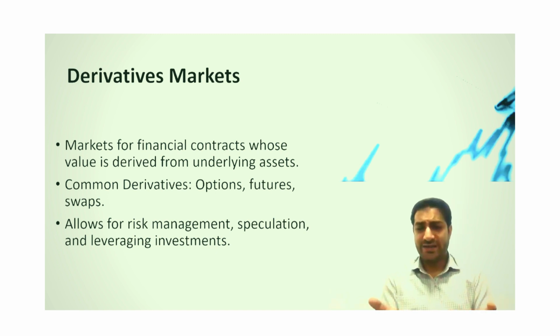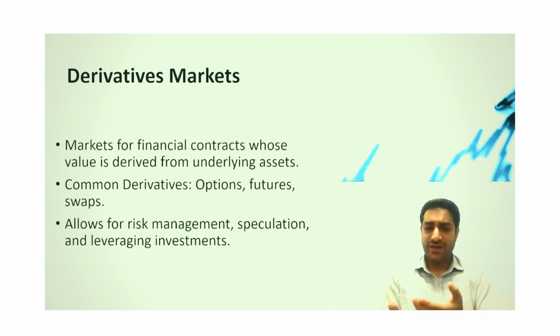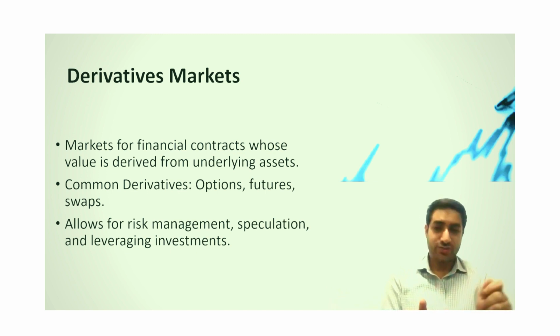Now, the underlying asset can be a share, it can be a commodity, it can be anything, right? So this is the market where these derivatives are bought and sold. So it is a market for financial contracts whose value is derived from the underlying asset, as the name itself says, derived.